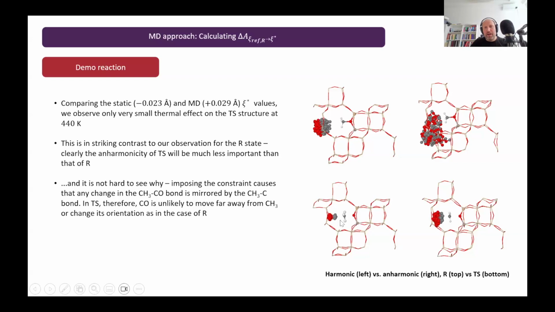Now, whenever carbon monoxide tries to leave the transition state, as it could easily do in the reactant, at the same time we need to elongate also this distance, that also means that we would need to move the positively charged methyl group away from the negatively charged zeolite framework, right? So we would have charge separation, and that costs. This is unfavorable, and this is something that prevents carbon monoxide and the methyl group from flying away.